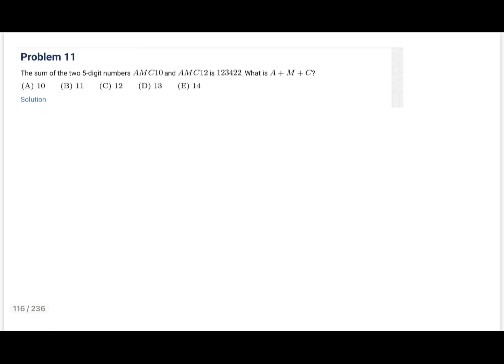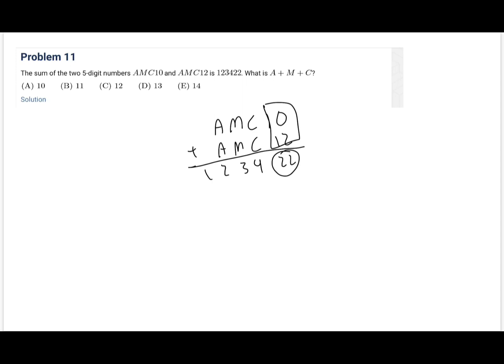Problem 11. The sum of the two 5-digit numbers AMC10 and AMC12 is 123422. Okay, so AMC10 and AMC12 added together is 123422. And then we can see that these two added together are 22, so you can just erase these.